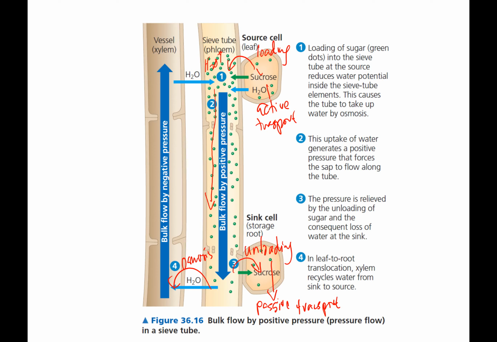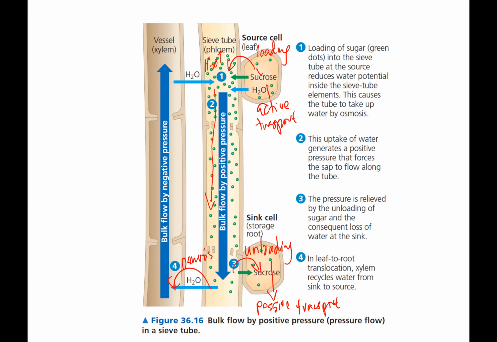For the other part, you have to remember the processes that occur. The first is active transport, occurring at the leaf cell or source cell when sucrose is loaded into the sieve tube. That is the first process.